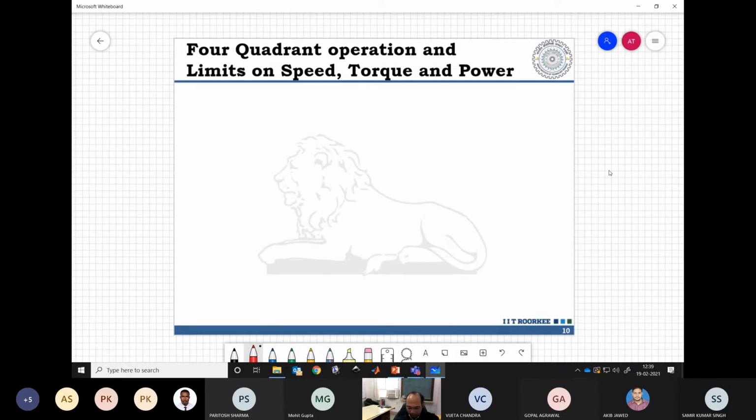Now, of course, when we are having motor drives, there could be different quadrants of operation. By different quadrants, I mean your omega could be positive or negative and your load torque also could be positive or negative.